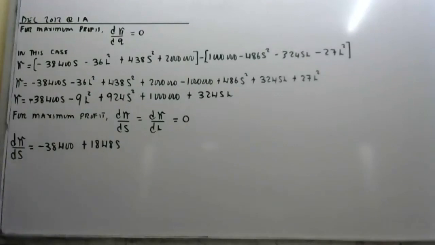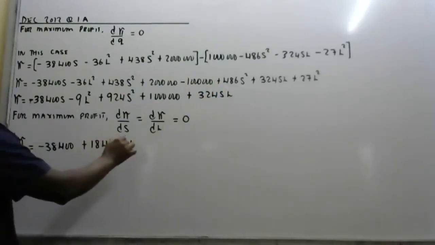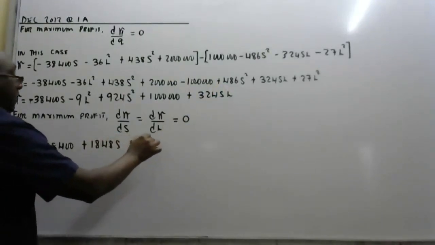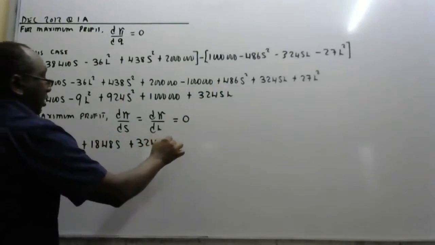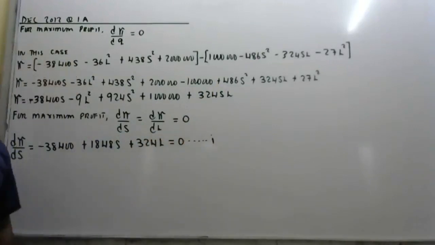When you multiply by 2, this one does not have S, so it becomes 0. This one has S, which is raised by 1, so we get plus 324L. Now, this one should be equal to 0, and you call it equation number 1.